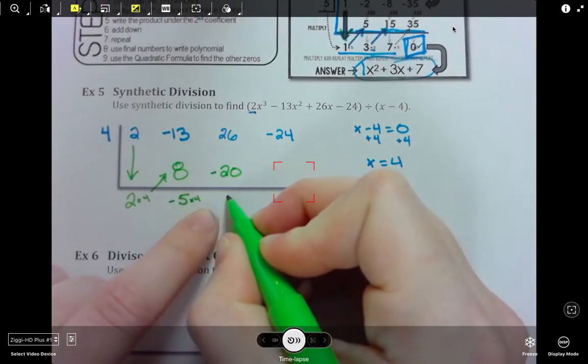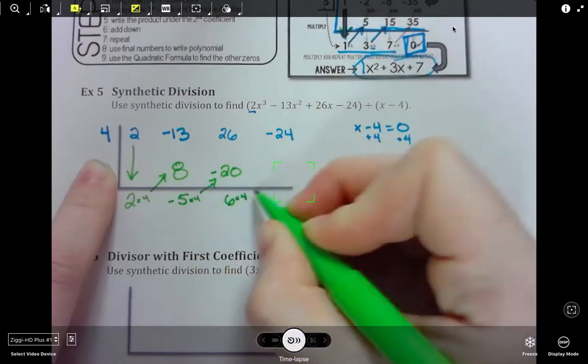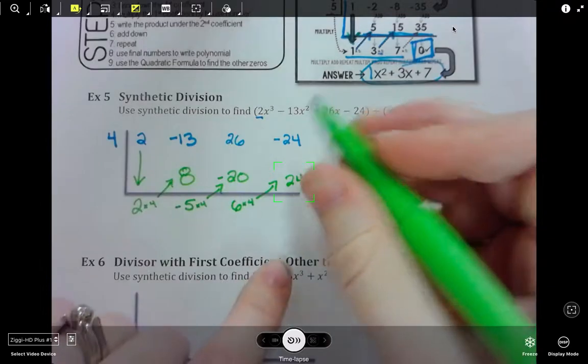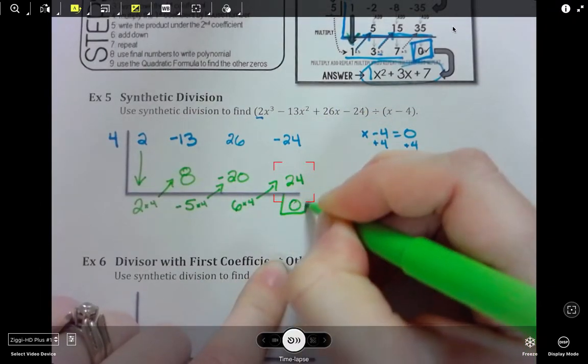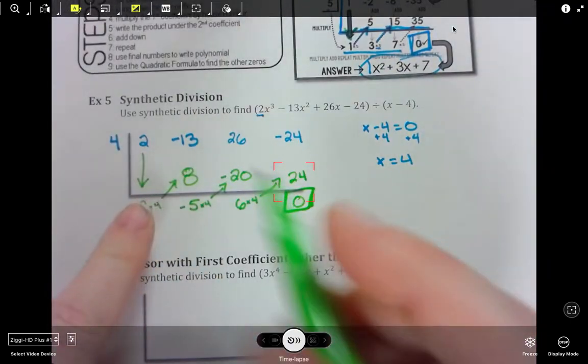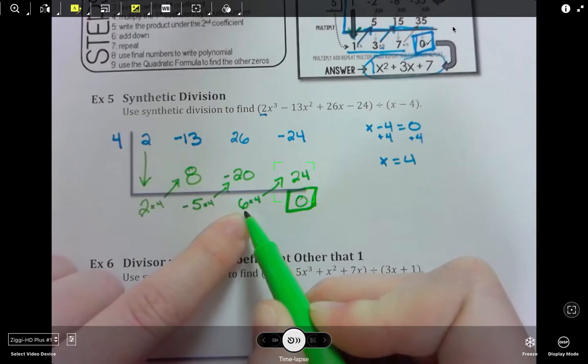That gives me a positive 6. And then I multiply by 4 again. I should put my arrows here. 6 times 4 is 24, and I add that to negative 24, which gives me 0. And I put that 0 in a box, just like I did up here, okay? 0 goes in a box, all right? So the numbers that I have here are 2, negative 5, and 6, all right?